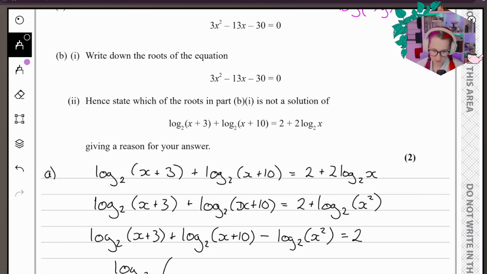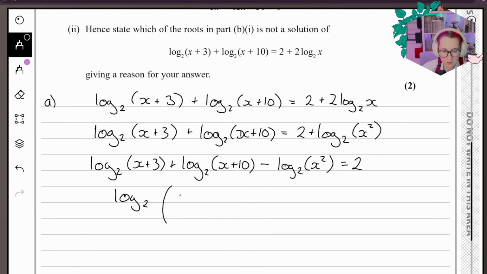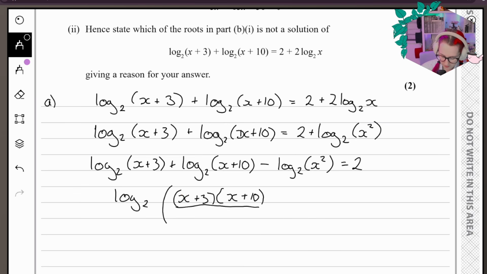Summing them would give me x plus 3 times x plus 10, and then I'd be dividing by x squared. That's come from the fact that we've got the pluses. I could do it in stages. I'd have x plus 3 times x plus 10, but then I'd still have log of all of that minus the other one. So we just divide through. So I've just done it a bit quicker, and it is equal to 2.